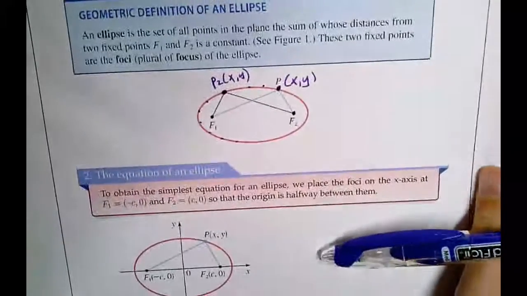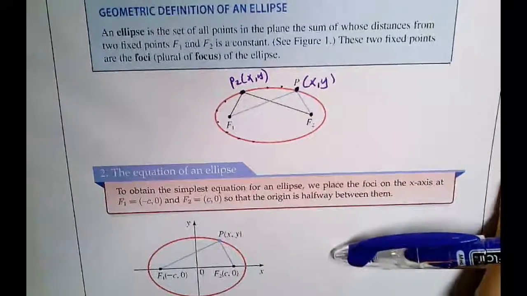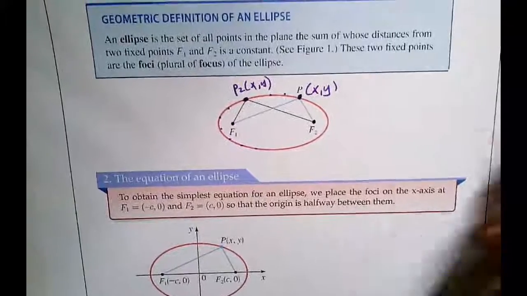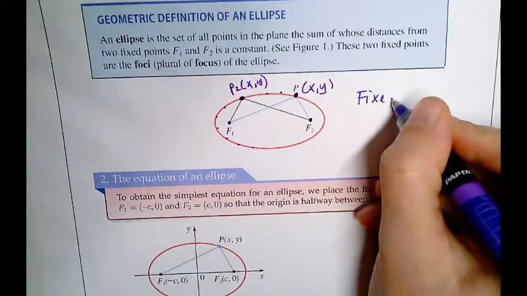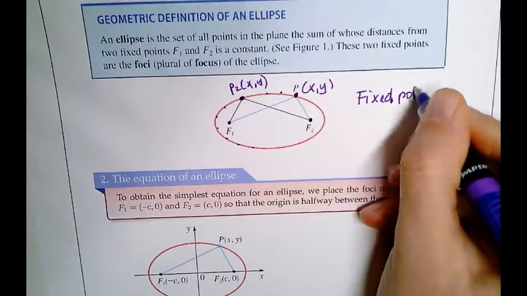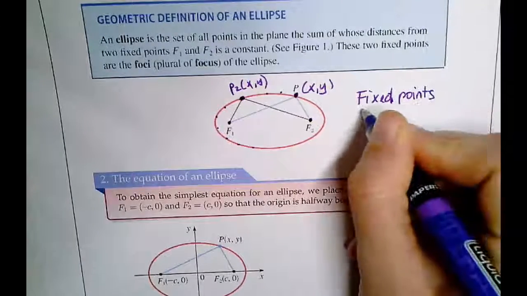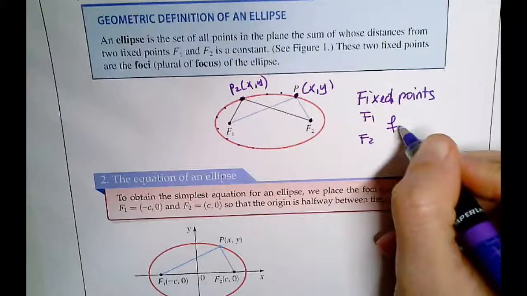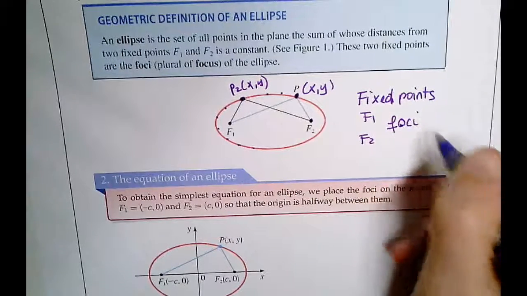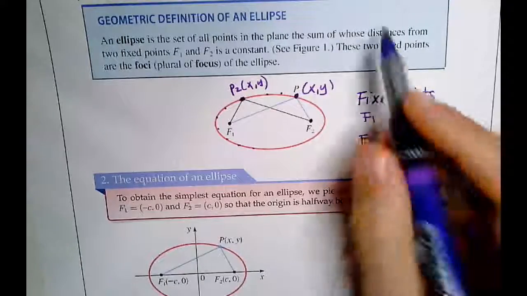We are going to concentrate for now on ellipses. These fixed points F1 and F2 are called foci, or the plural of focus.